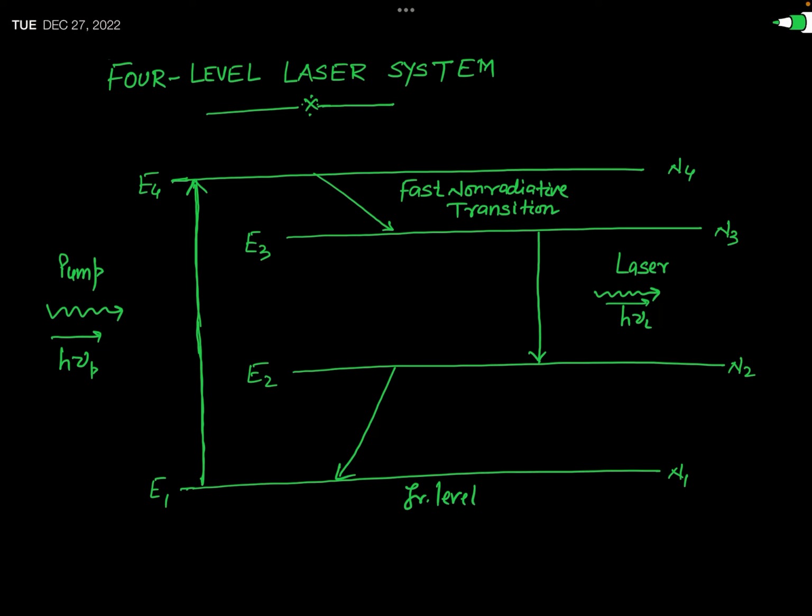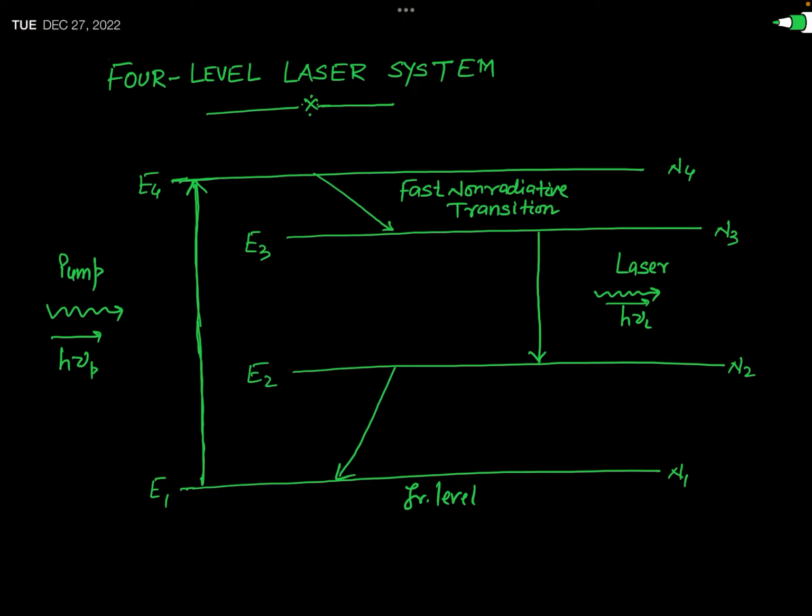Now the atoms from this ground level 1 are pumped to the highest energy level, the fourth energy level E4. When the atoms reach the fourth energy level E4, they make a fast non-radiative relaxation to level 3.